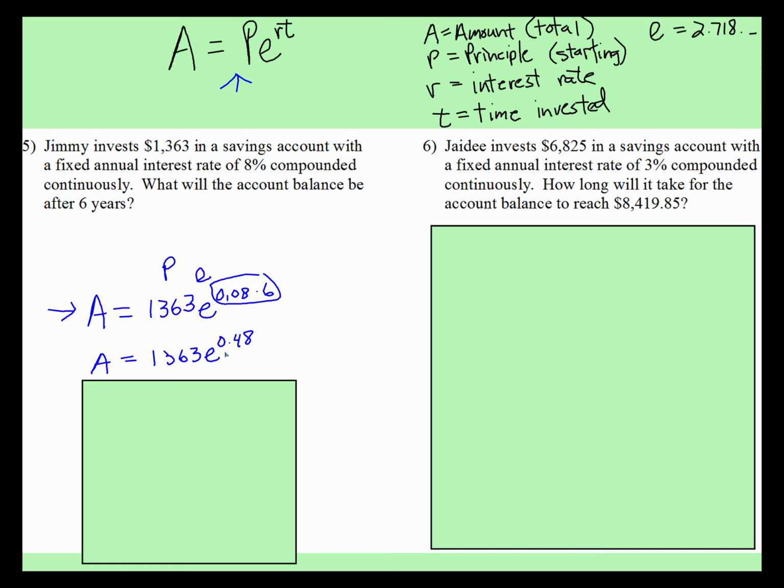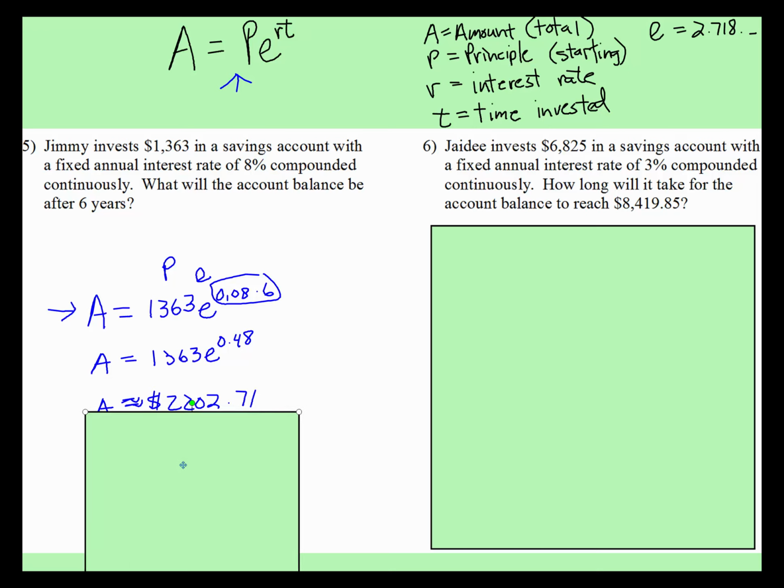So you'd hit second natural log or shift natural log, and an e with a caret shows up, and you just type in 0.48 close parentheses, and that gives you an amount. Now you can multiply that by 1363, and you end up with this amount right here. It's about $2,202.71.